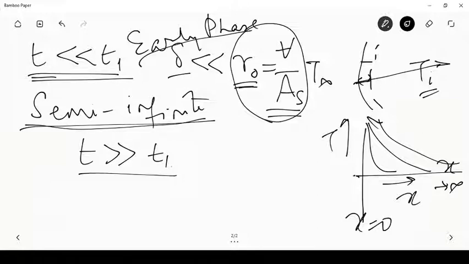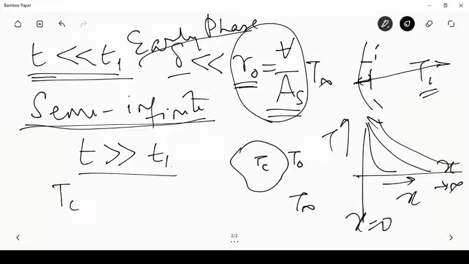So suppose this is my body whose center temperature is, let's say, Tc, and the surface temperature is T0, and the ambient temperature is T infinity. Then we can consider the difference between Tc and T0 as much smaller than the difference between T0 and T infinity.